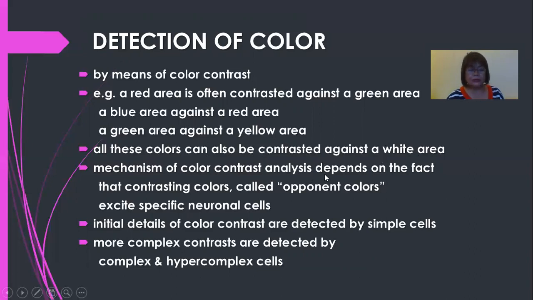The mechanism of color contrast analysis depends on the fact that contrasting colors, called opponent colors, excite specific neuronal cells. Okay, so the blue cones excite blue neuronal cells. The red cones excite certain neuronal cells. Okay, more complex contrasts are detected by complex and hypercomplex cells.